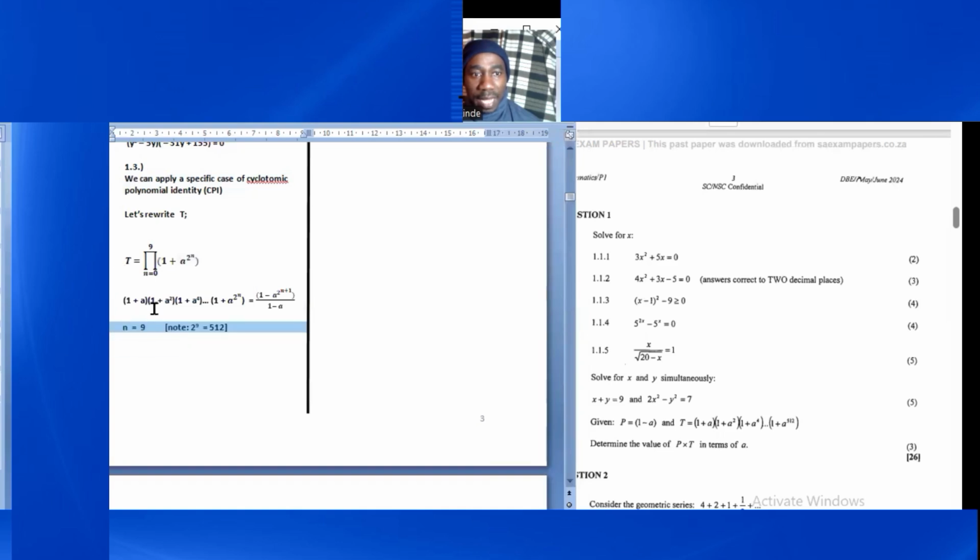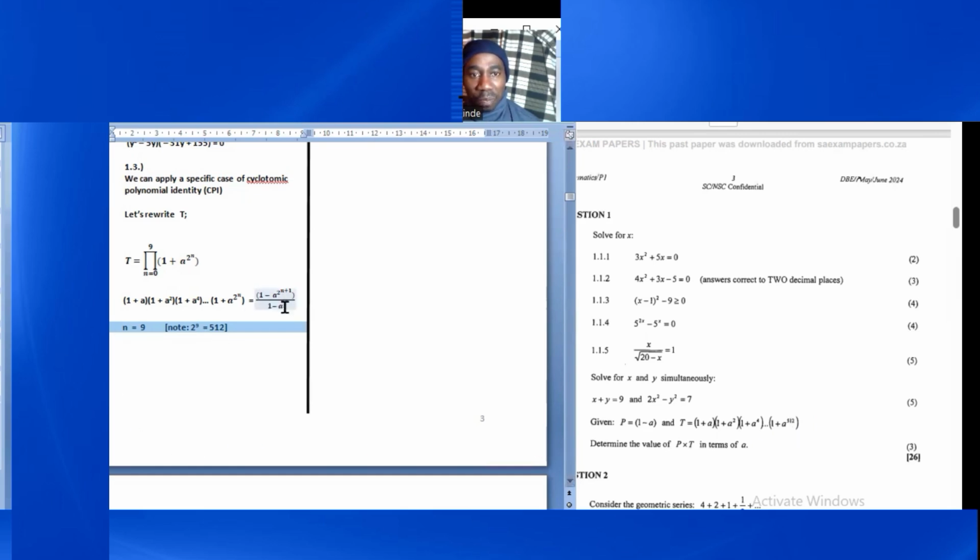Now, the last value of n here is 9. And 2 exponent 9 will give you 512, which is what you have here in the question, right?